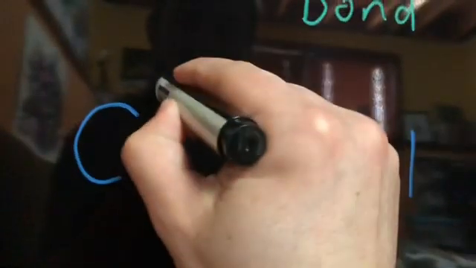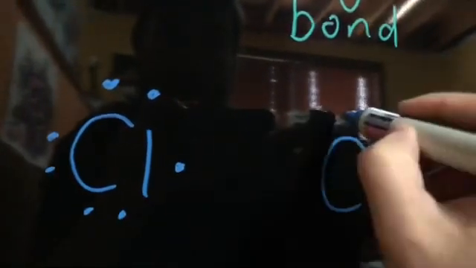Now let's take a look at another example. I'm going to take another molecule, Cl2, which is just 2 chlorine molecules. So if I have Cl here and Cl here, and if you look in the periodic table, chlorine is in group 17, so it has 7 valence electrons. 1, 2, 3, 4, 5, 6, 7. 1, 2, 3, 4, 5, 6, 7.